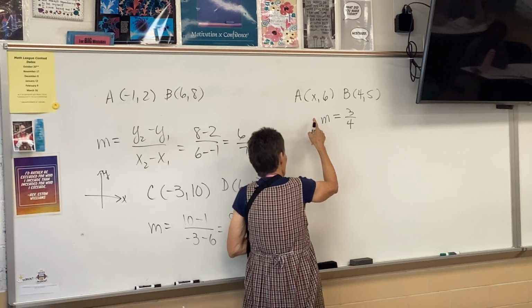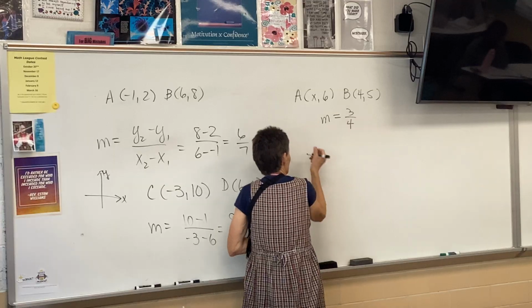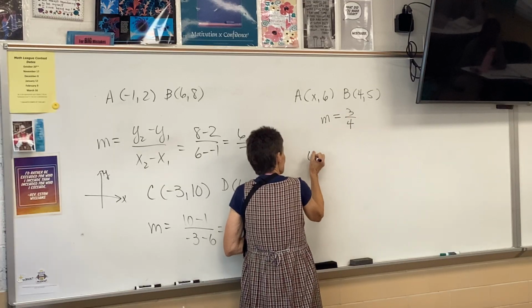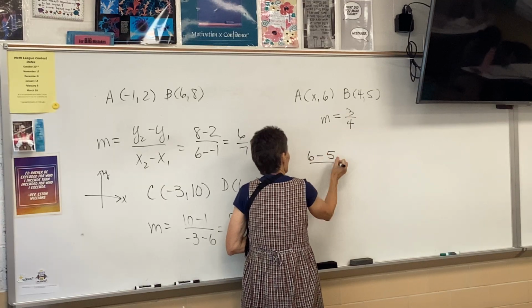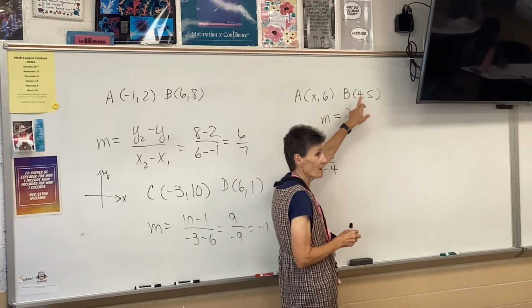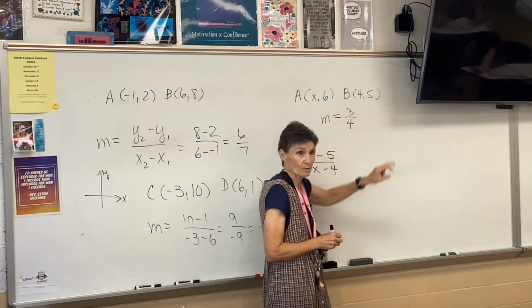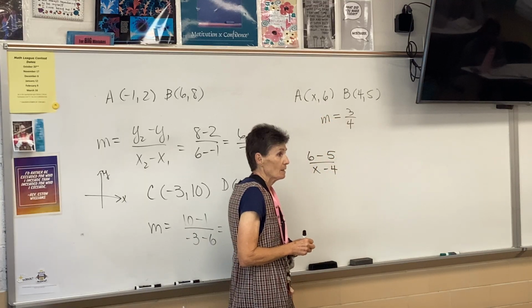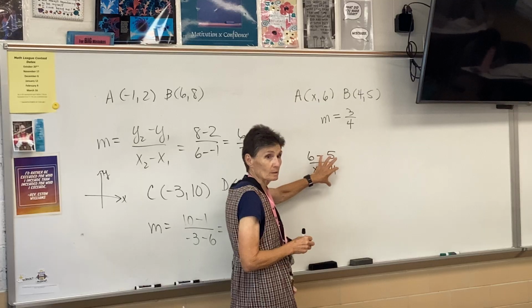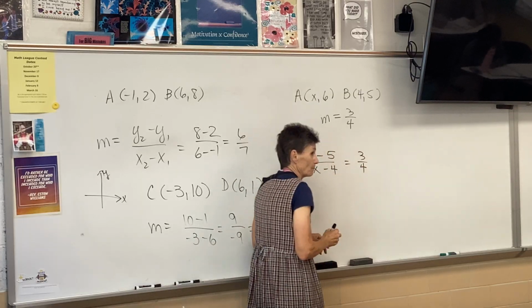If I found the slope of these 2 points, it would be 6 minus 5 over x minus 4. Would you agree with that? 6 minus 5, x minus 4. Would you agree? And that's the slope, which I know is 3/4.